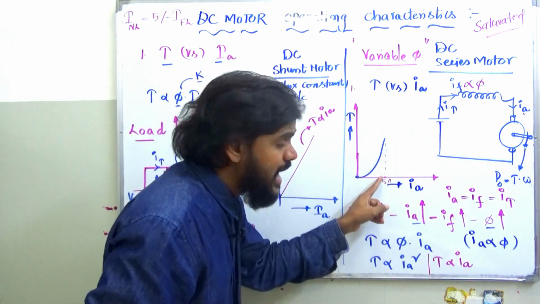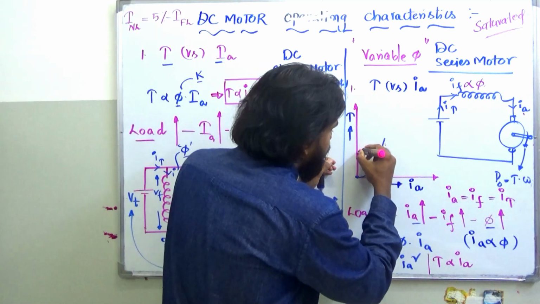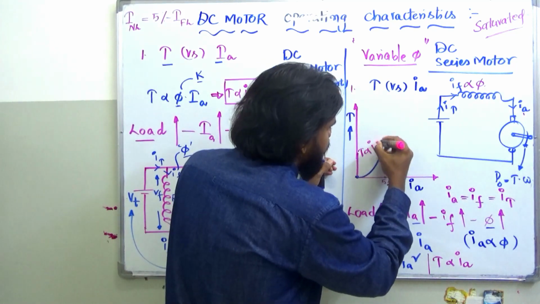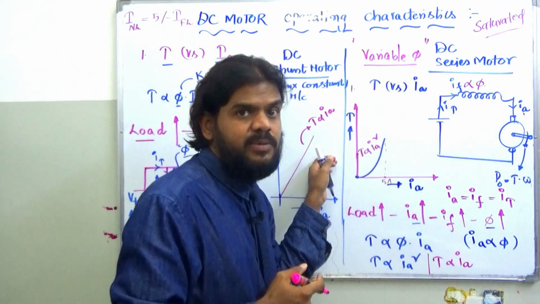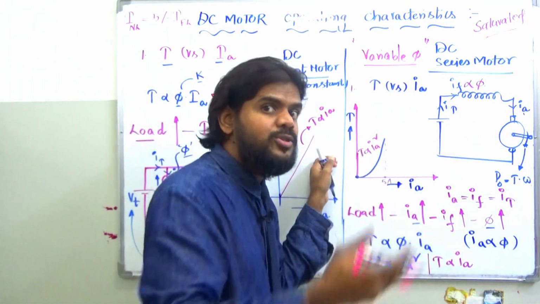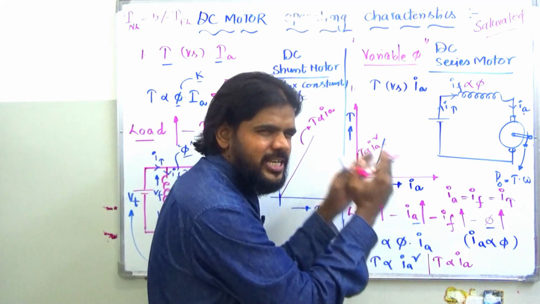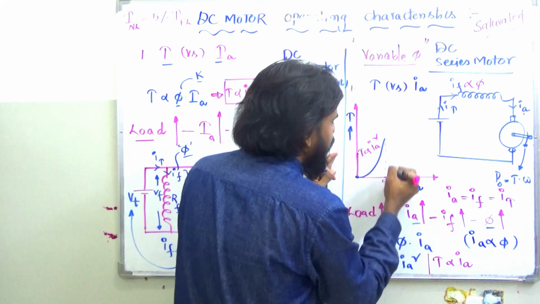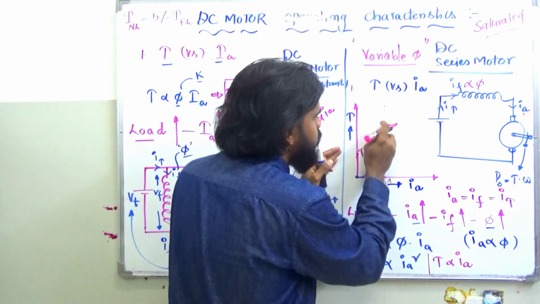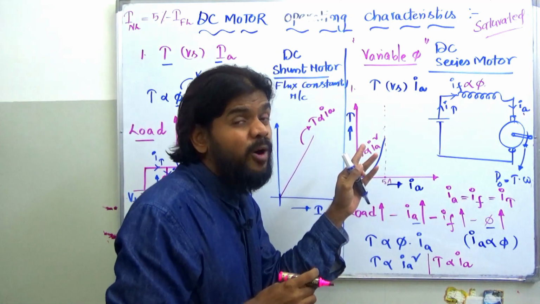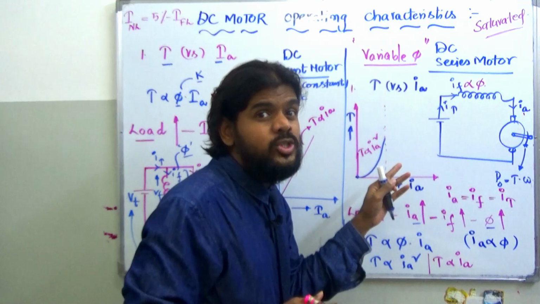Until 5 amperes, before saturation, you have torque proportional to Ia square, because phi changes with respect to Ia. Phi will respond to the current changes. But once the field gets saturated, the torque will no more be proportional to Ia square, because phi is not going to change anyway.